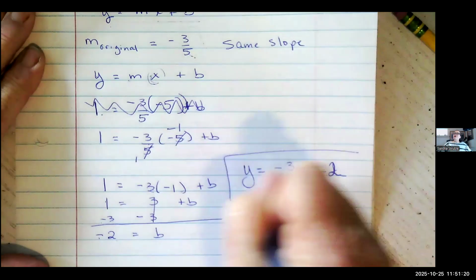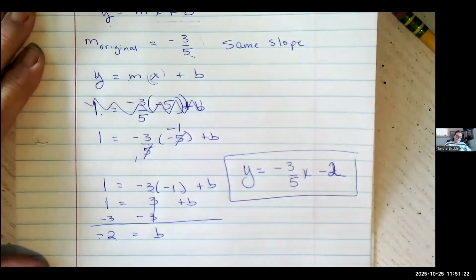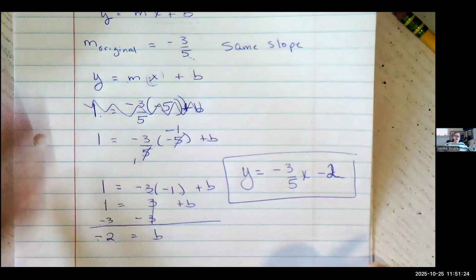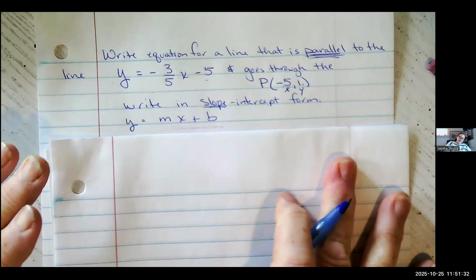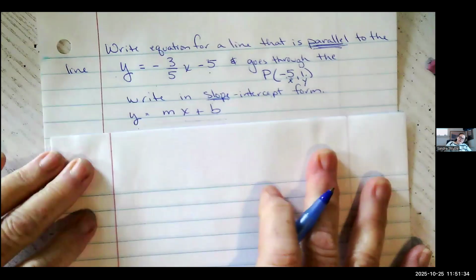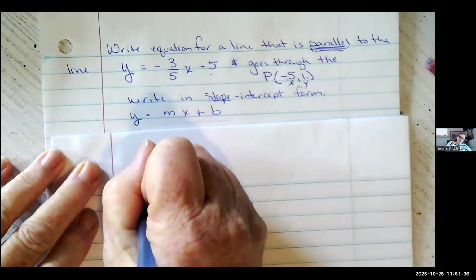I'm going to give you another option in case you prefer it better. Same exact question, but instead of using y equals mx plus b to solve for it, let's use the point slope formula.